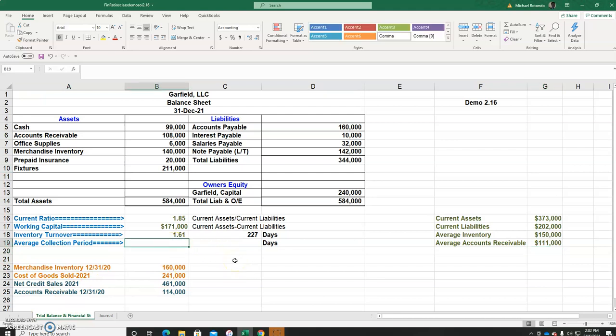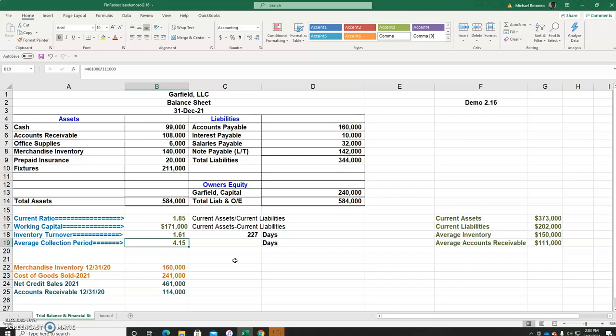So we're going to take our net credit sales. Any cash sales would not be included in this because we would already have the money. So we're going to take the net credit sales of 461,000 and divide it by the average accounts receivable of 111,000, and that's going to give us 4.15. That means we're turning over our receivables roughly 4 times per year.